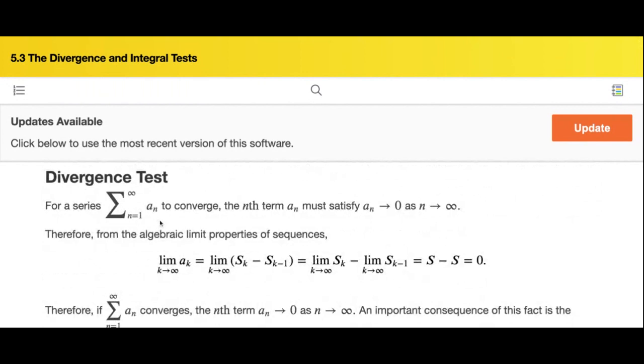Divergence test. For a series to converge, the nth term an must go to 0. Think about it. If the term in a series doesn't approach 0 as n goes to infinity, it would diverge. If you keep adding numbers, and the numbers get bigger and bigger, there's no way you can converge to a number.